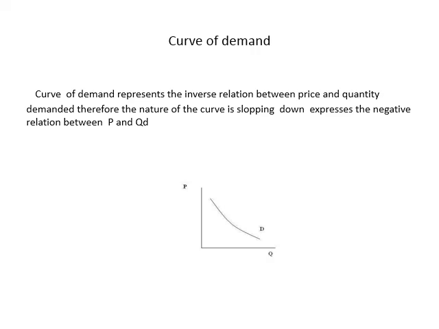As you see, this curve is sloping down, and it moves to the right while sloping down. It is a negative curve. Why? Because the relation between price and quantity demanded is inverse.